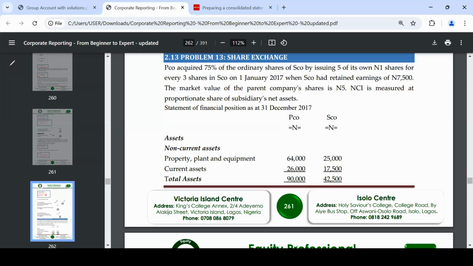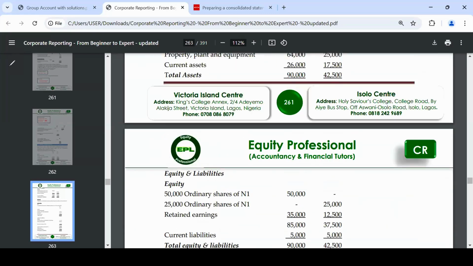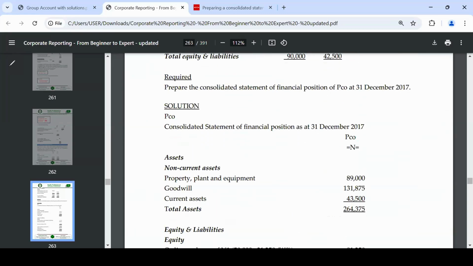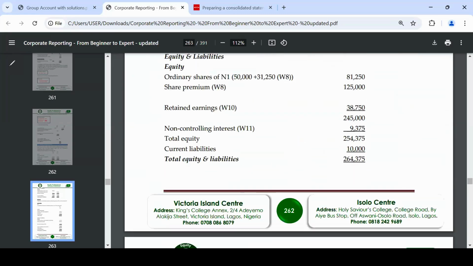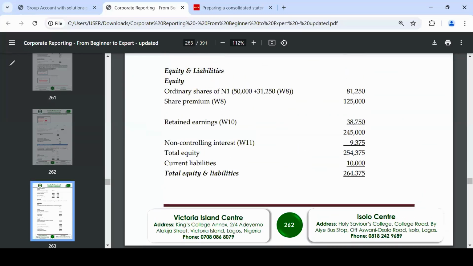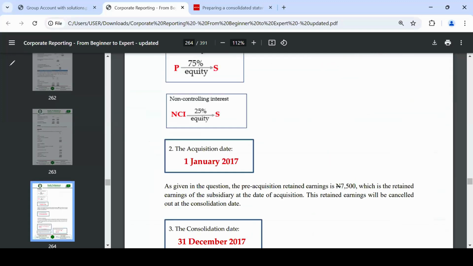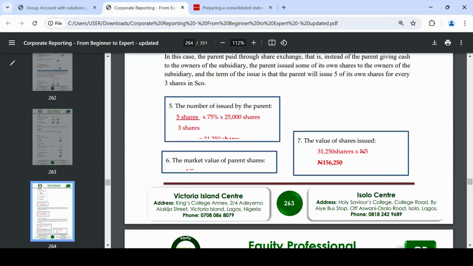The market value of the parent company's shares is 5 naira. NCI is measured at proportionate share of subsidiary net assets. And then we're given the statement of financial position. I'm just going to show you, there's no big deal to this one. We're just going to see how this was calculated.